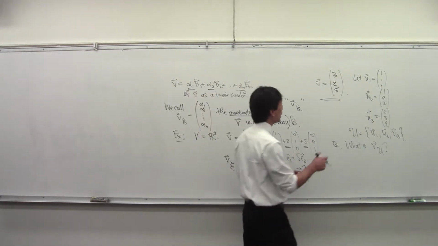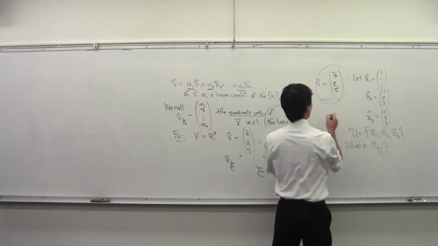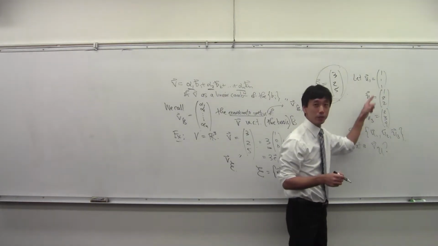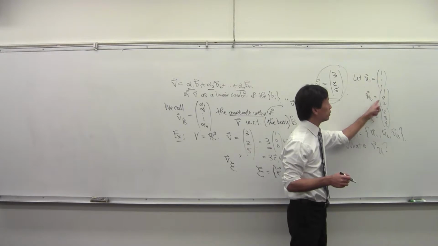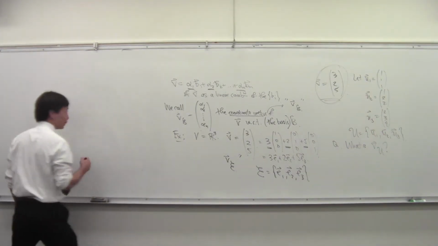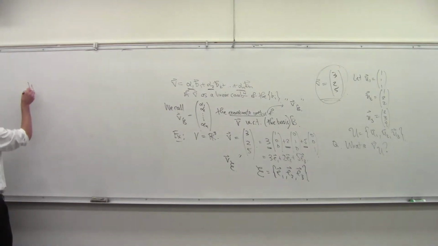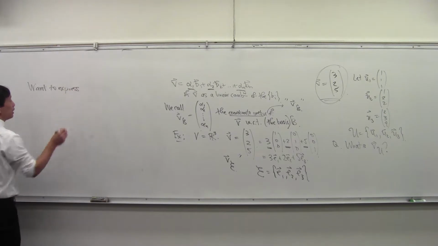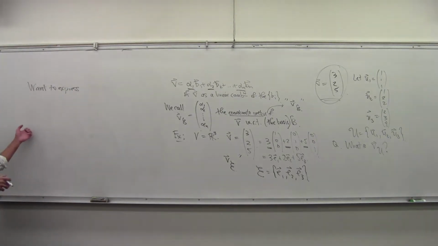Right. So you say, okay, I've got this vector 3, 2, 5, and I want the coefficients that will express it in terms of these vectors. So you have to figure out what you want. I think half of the problem is figuring out what you want.